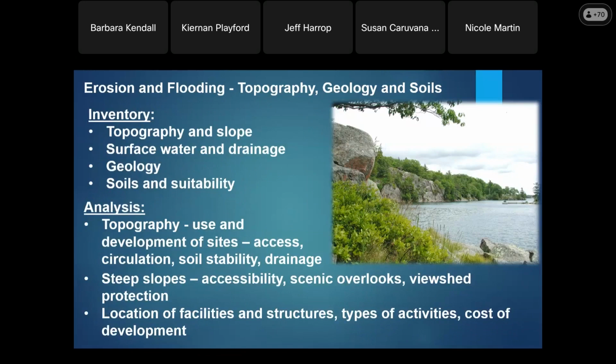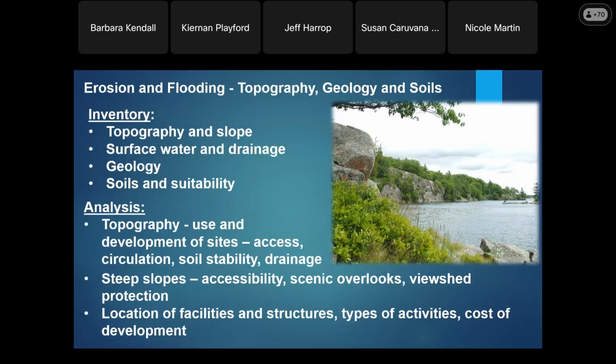Also related to erosion and flooding that should be included in the inventory and analysis is data about topography, geology, and soils. And that's important for flooding and erosion, as well as agriculture potential and suitability for development. So the inventory should include maps of soils, topography, and geology, discussion of significant differences in elevation, like hills or bluffs, surface drainage or poor drainage areas.